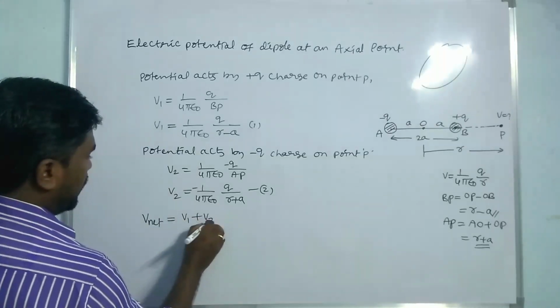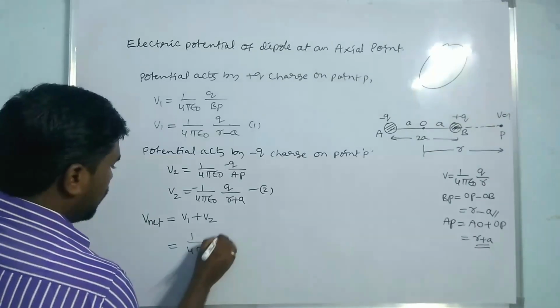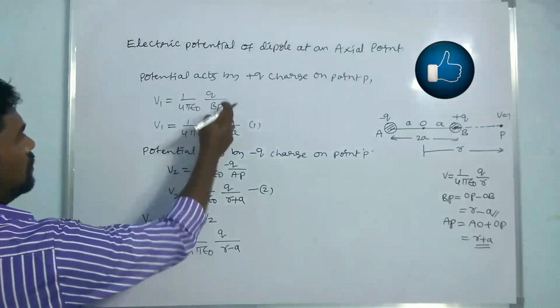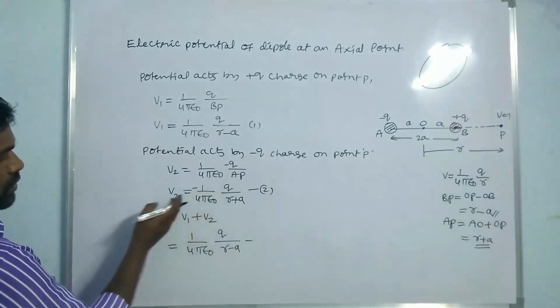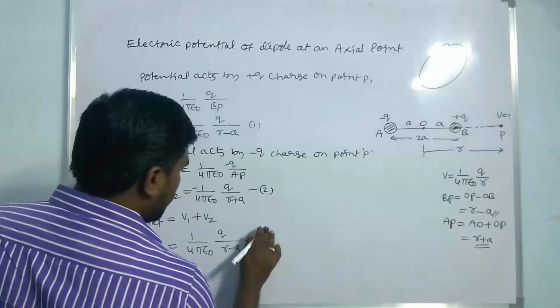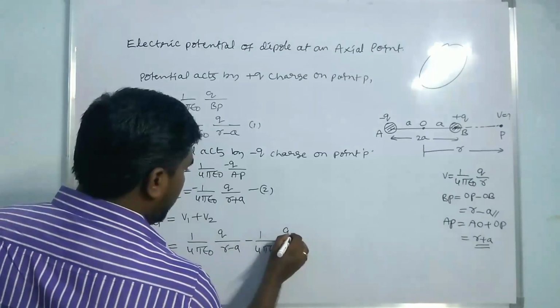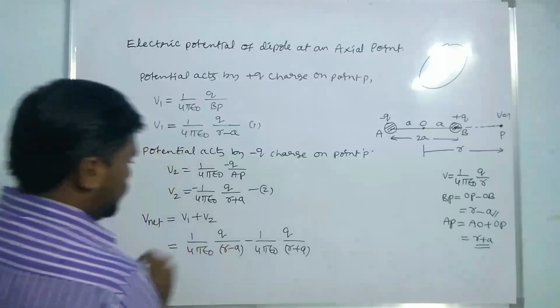From 1 and 2, the net potential you can write that V net is equal to V1 plus V2. Here V1 is equal to 1 by 4 pi epsilon naught Q by R minus A, and minus of V2, because of the negative sign, minus of 1 by 4 pi epsilon naught Q by R plus A. So just simplify here.